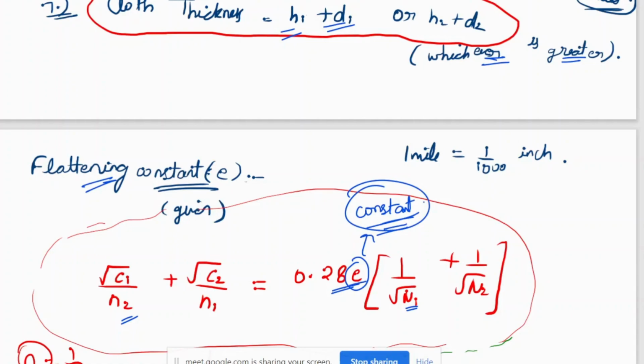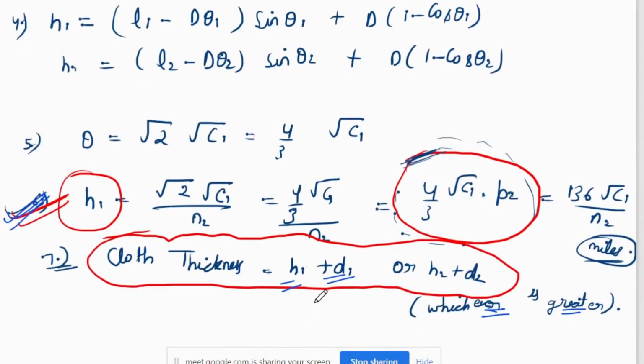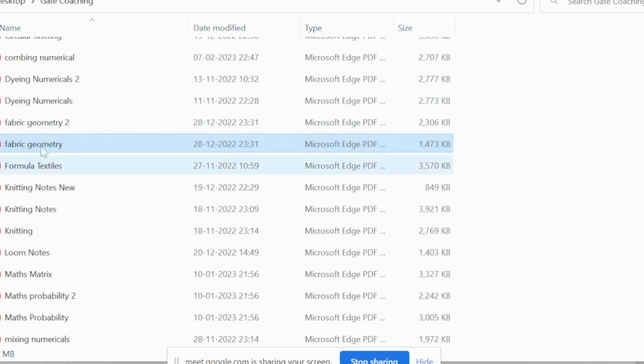E is a constant value, and it would be given in the question whenever it is asked. But as far as GATE is concerned, generally they ask about this part: what is cloth thickness, and height and crimp, all these things. They ask about this.